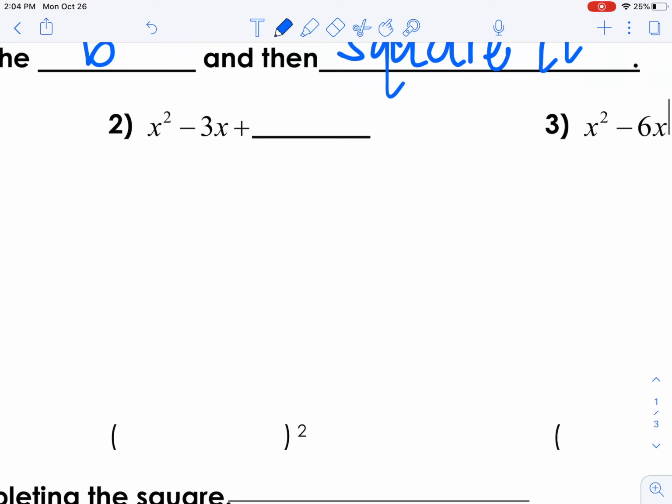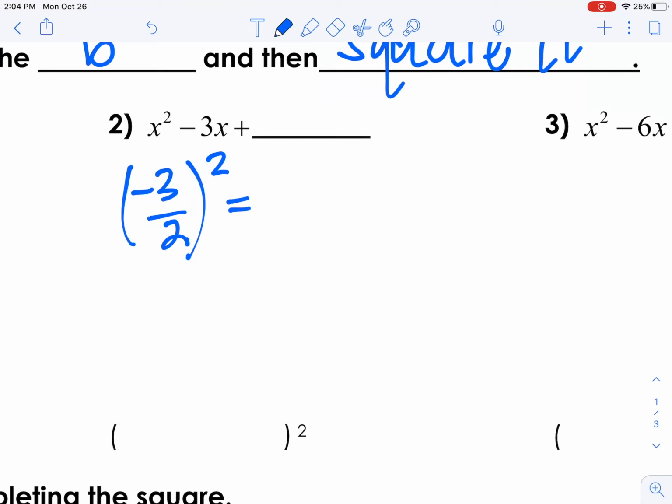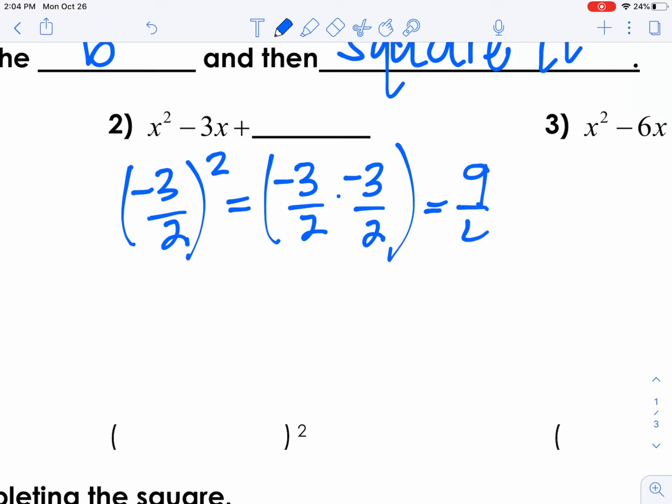Okay. Here we do negative 3 over 2 squared. Well, negative 3 over 2 is negative 1.5, but we're going to keep this as a fraction. When it's a fraction, we just multiply it by itself. Negative 3 over 2 times negative 3 over 2 would be 9 over 4.